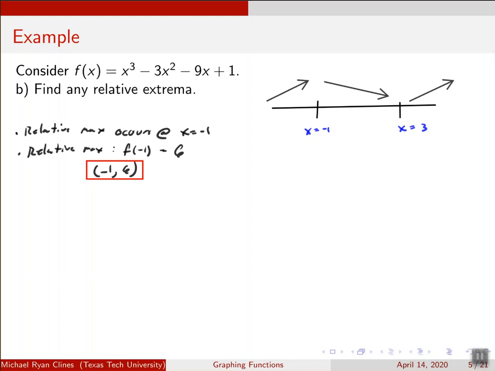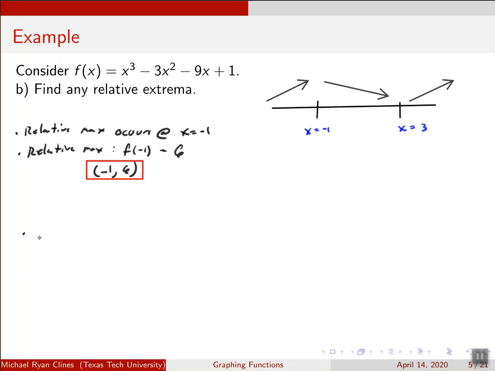Now let's do the same thing for the minimum. Well, let's look at our only other critical point right here, at x is equal to 3. We notice just to the left of it, the function is decreasing. We're going down to it, and then it bottoms out right here, and then it starts increasing again. It goes in the upward direction. So from the first derivative test, that tells us x is equal to 3 is a relative minimum.